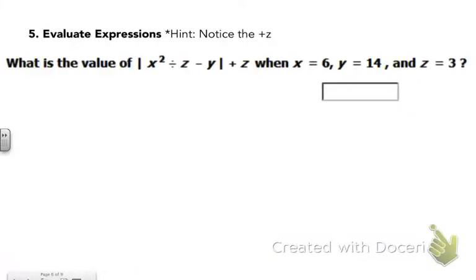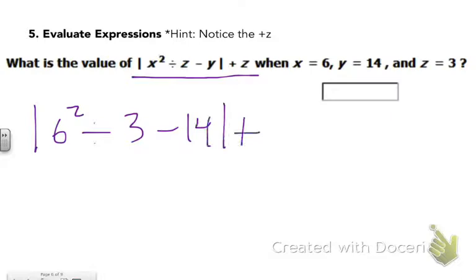Okay, this one I think a lot of people missed because you didn't see the plus 3 on the end. I think you just did the absolute value and didn't see the plus 3. So if I plug this in, I get absolute value of 6 squared divided by 3 minus 14, plus 3. So 36 divided by 3 minus 14.